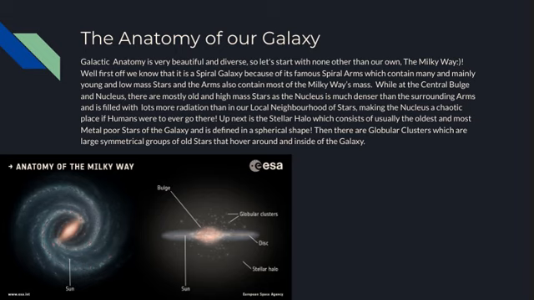And the arms also contain most of the Milky Way's mass, which at first I thought for some reason was a little surprising, because look how dense the core is. But again, I guess it also makes sense why the spiral arms have more mass.